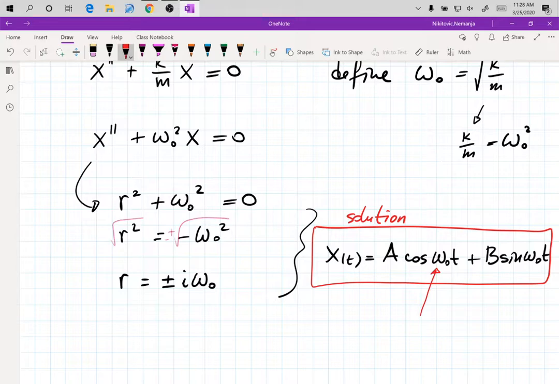This over here is known as angular velocity. That's what it is. Now, it's also known as circular frequency.